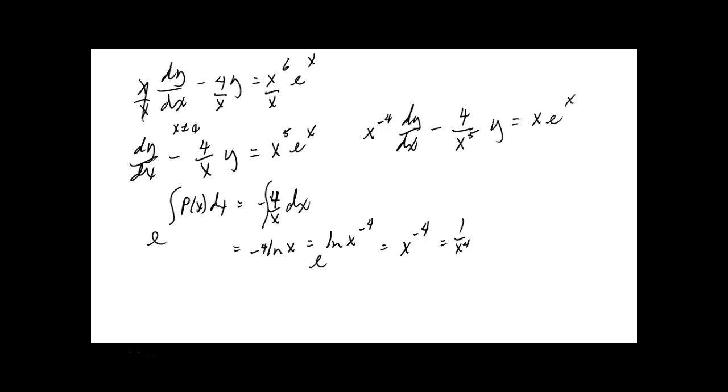Okay. Now, the question is: is that left-hand side a perfect derivative? If it is, it should be the perfect derivative of your integrating factor, which would be x to the minus 4 times y.